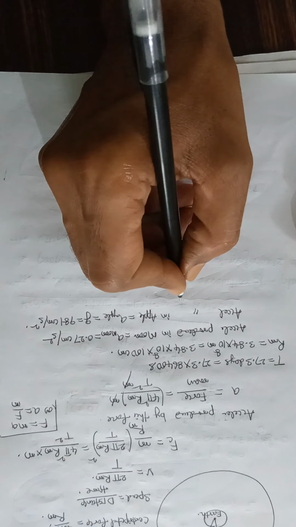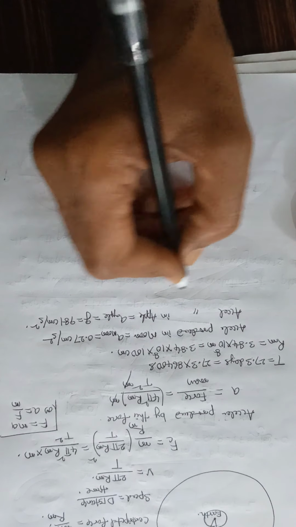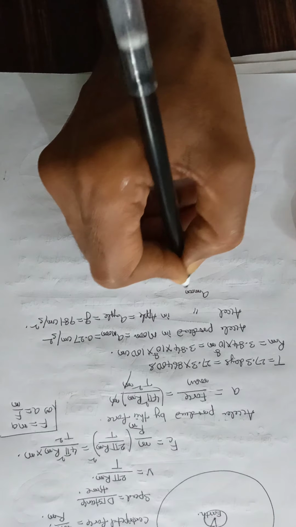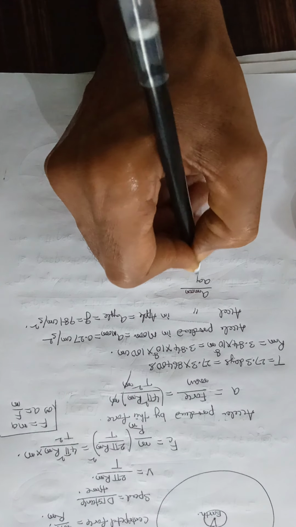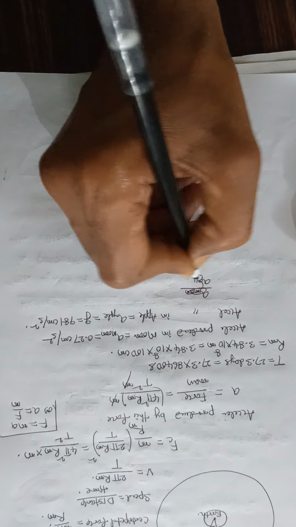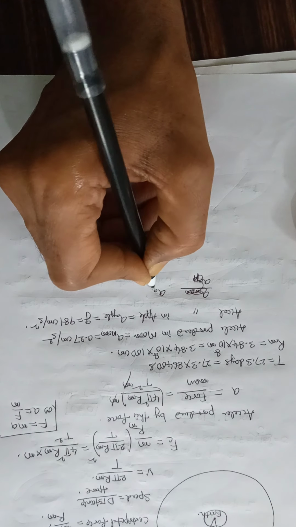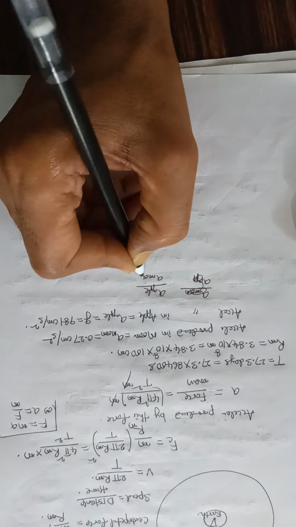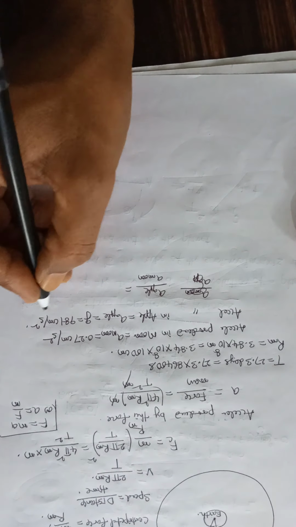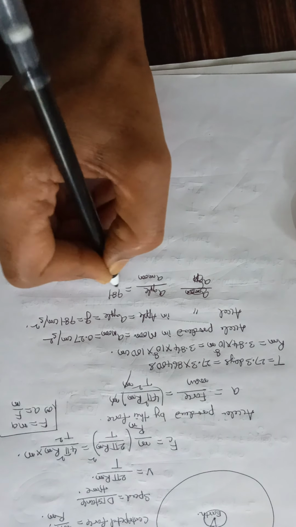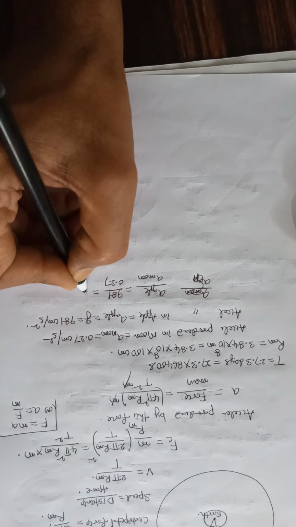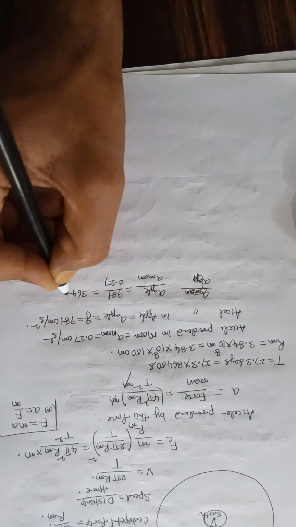Now let us take the apple by the moon. This is 981, this is 0.27. We get 3640.